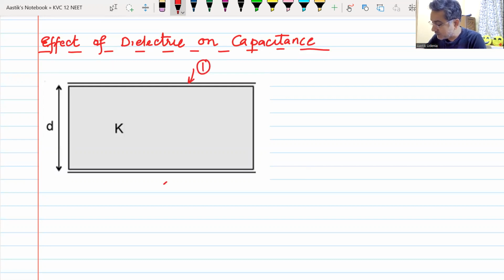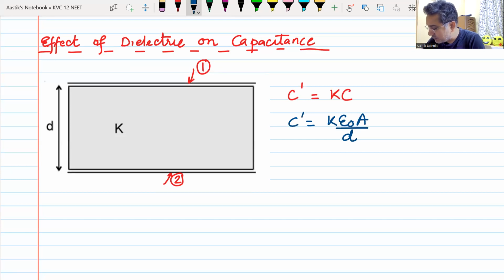This is the second plate of the capacitor, and what I have done, I have filled the capacitor completely with a dielectric slab, insulating medium completely. Now, if I do that, what happens on the capacitance? The new capacitance, let me call this C dash, becomes K times C. What is C? C is the original capacitance. So the new capacitance C dash becomes K times epsilon naught A by T.